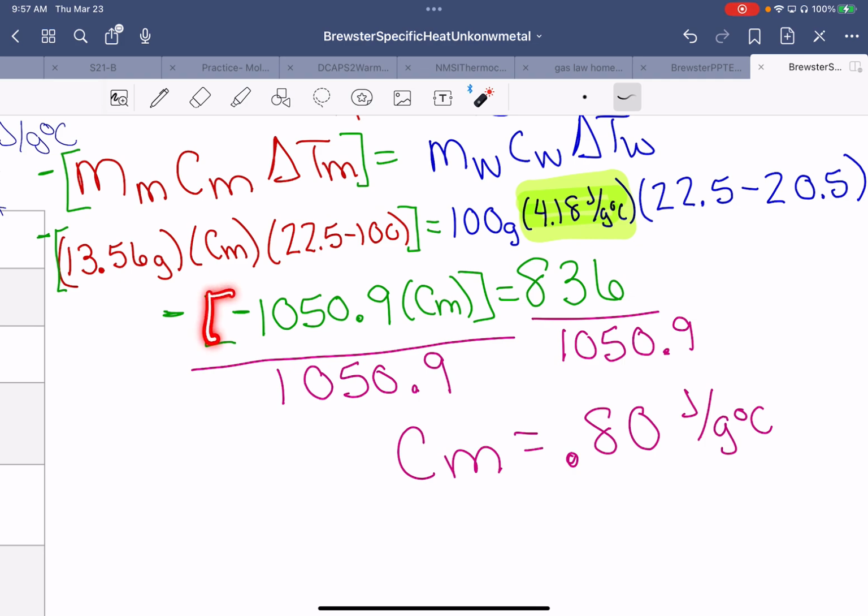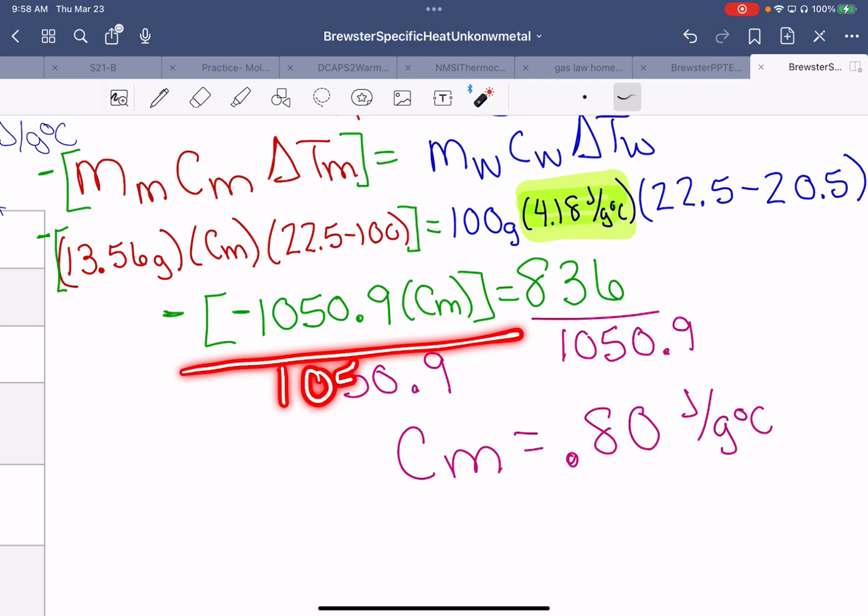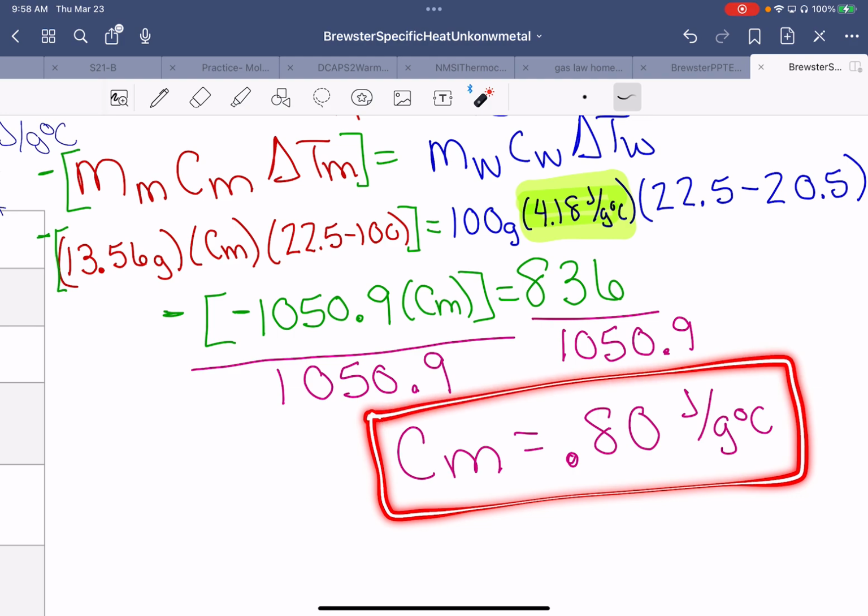I'm going to keep my square brackets on here, and I'm going to make sure to bring down my negative, because when I do a negative times a negative, I'm going to get a positive. Since this is my X, I need to isolate it. So I'm going to divide out that 1050.9, which is now positive, and bring it over here. When I do that math, I get C of the metal equals 0.8.